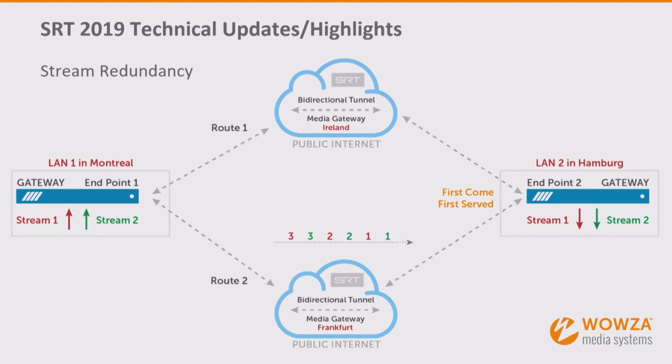So this is socket group redundancy, and it allows you from a single point to send a stream over 2 different routes to a receiver, and that receiver can then interleave the packets it receives based on the first arrival time and reconstruct the stream, and account for even worse network connections, faster routes, changing routes to really optimize for latency. With congestion and unavailability, things change on the internet regularly, so having 2 separate routes can often be ideal.